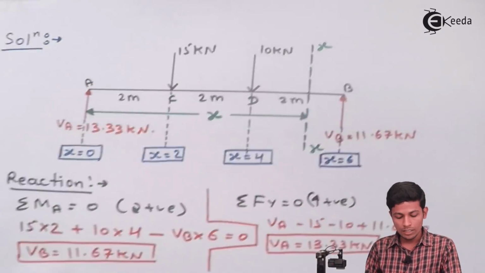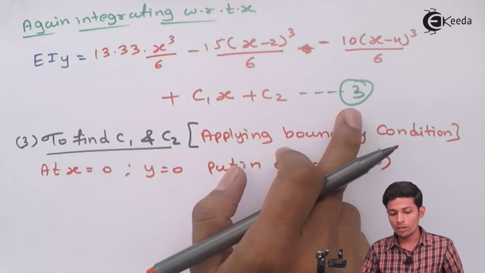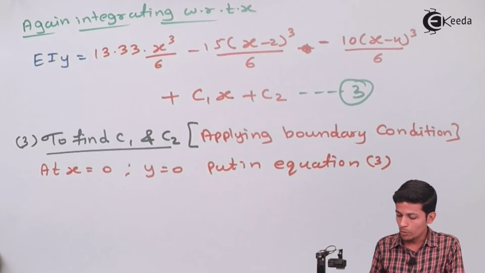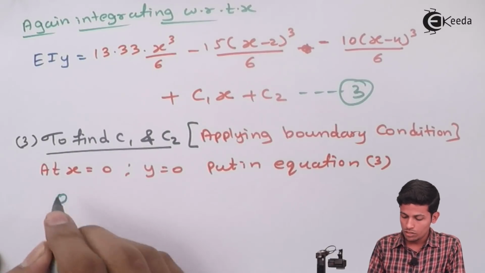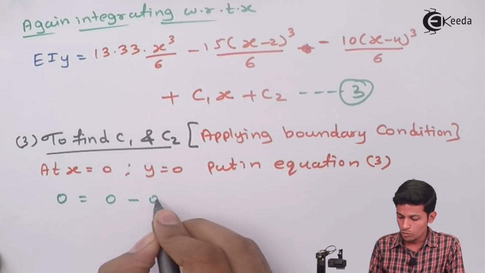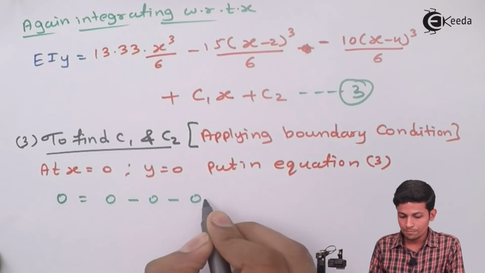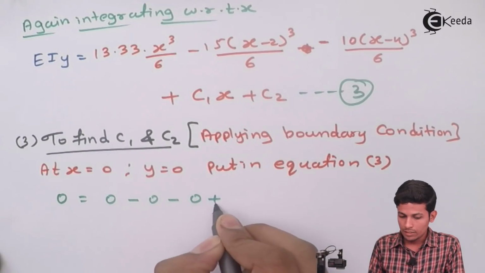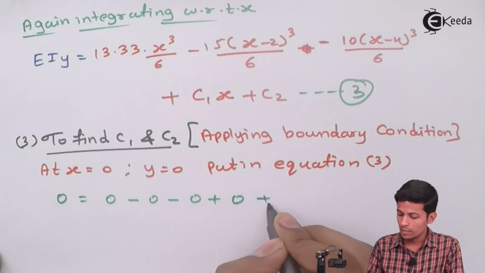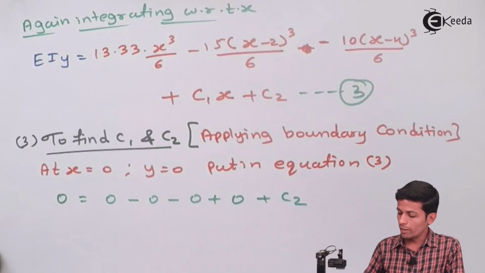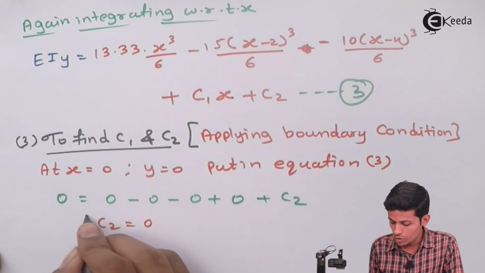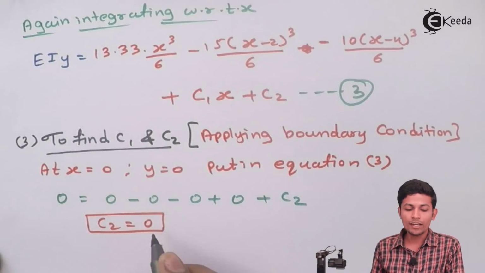So y is 0 and it comes as 0 is equal to 0 minus 0 plus C1x, x is also 0, so it will also be 0, plus C2. Now you got the value of C2. The C2 value will be 0.